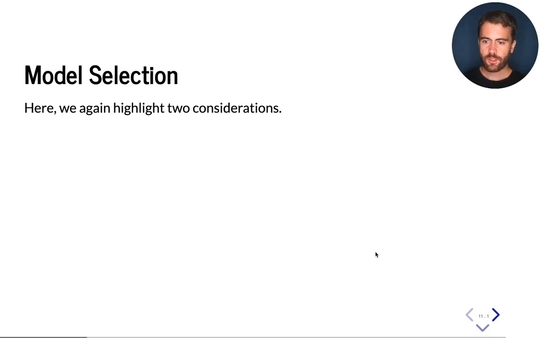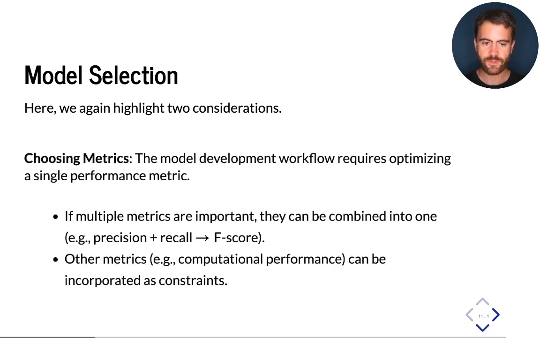So this was a discussion for how to choose the data sets that we work with. I also want to highlight two practical considerations when performing model selection. When choosing which changes to make to the model at the model selection step, the key decision that needs to be made as part of this workflow is which metrics we want to optimize.